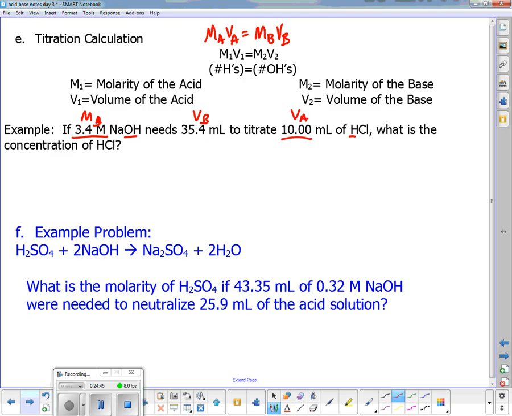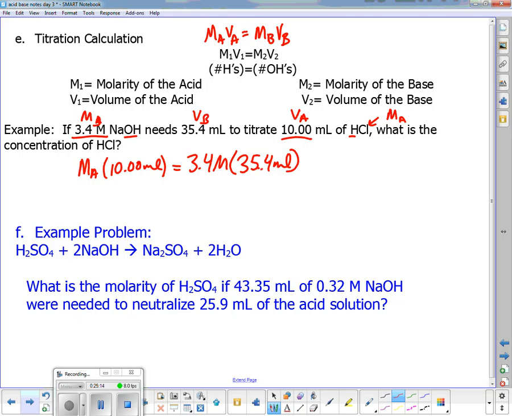And so I'm looking for my concentration of my acid. So as I'm going through, I just plug it in. MA, I don't have. VA is 10.00 milliliters. MB is 3.4 molar. And VB is 35.4 milliliters.